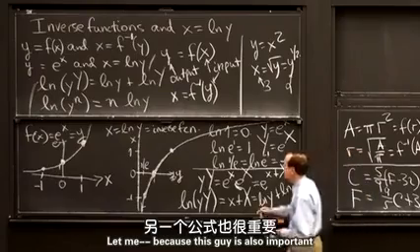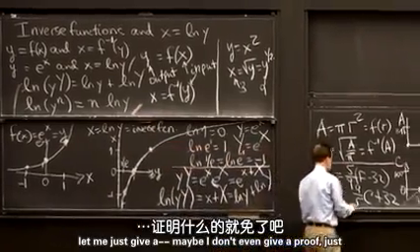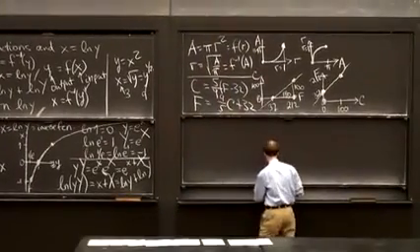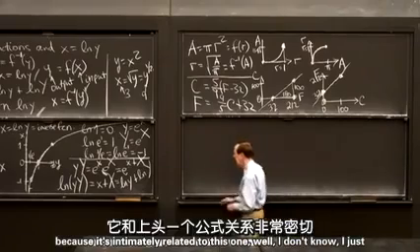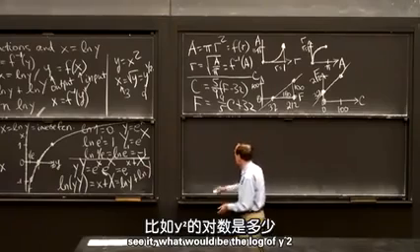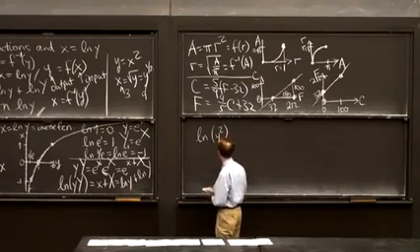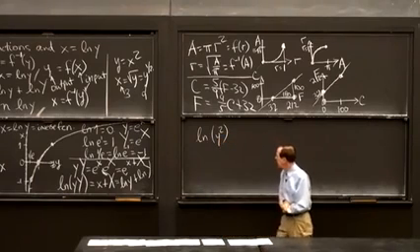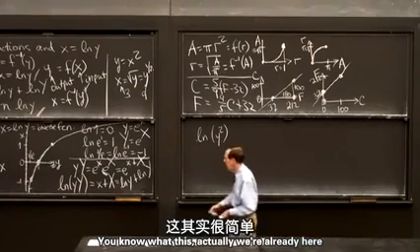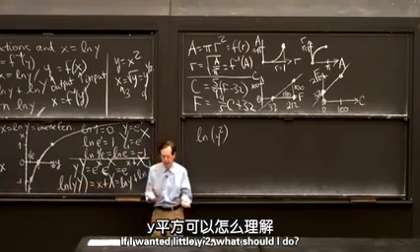Because this one is also important, let me not give a proof, just because it's intimately related to this one. What would be the log of y squared? We're already there.